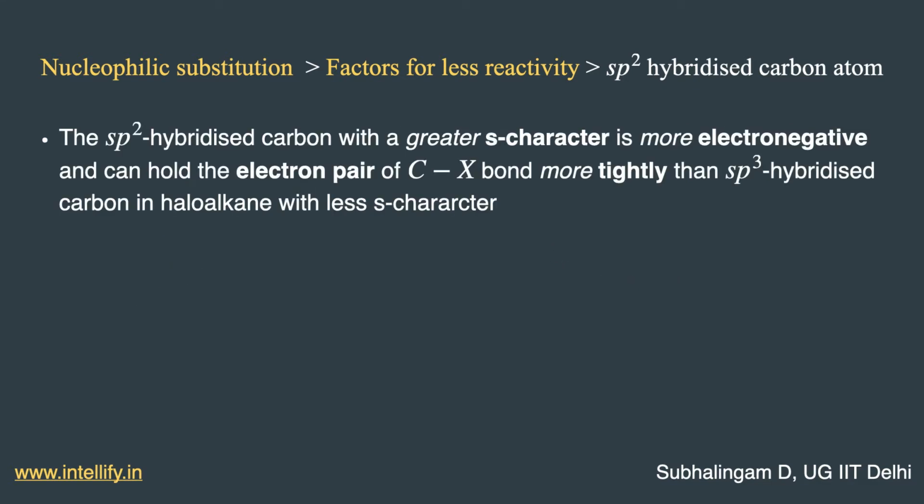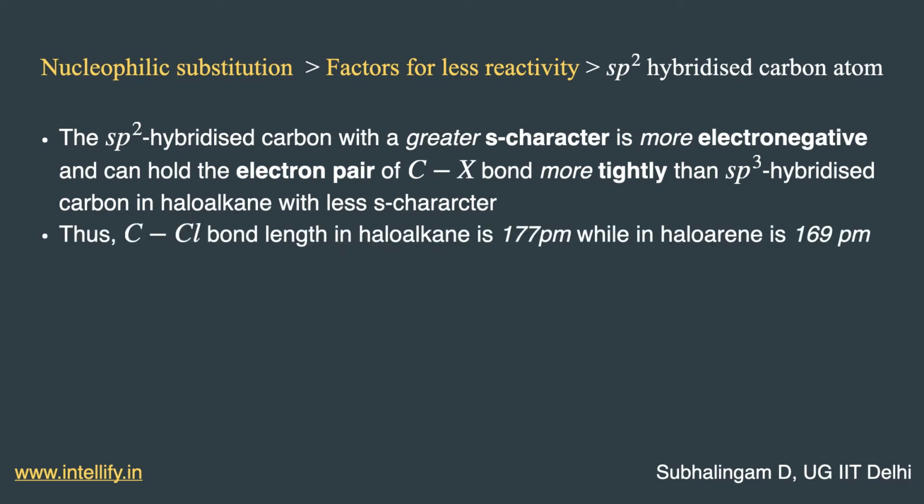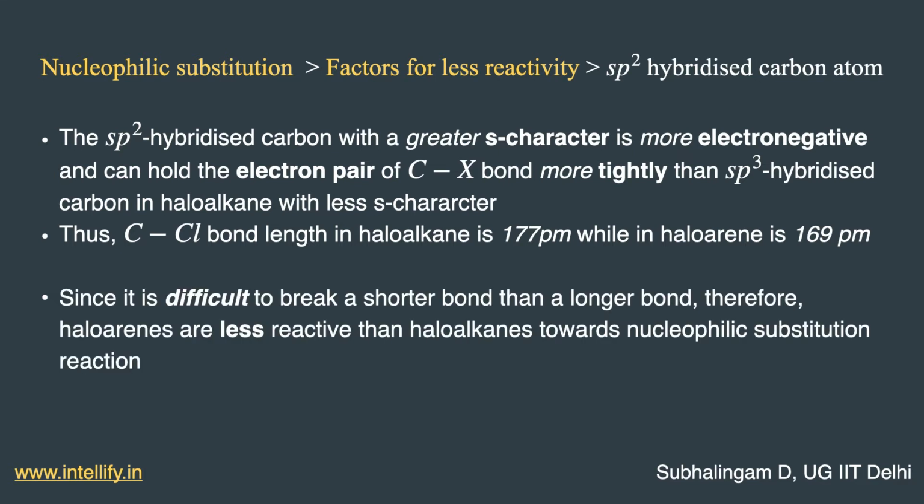The sp2 hybridized carbon with a greater s character is more electronegative and can hold the electron pair of the C-X bond more tightly than the sp3 hybridized carbon in haloalkane with less s character. Thus, the C-Cl bond length in haloalkane is 177 picometers, while in haloarene it is 169 picometers.